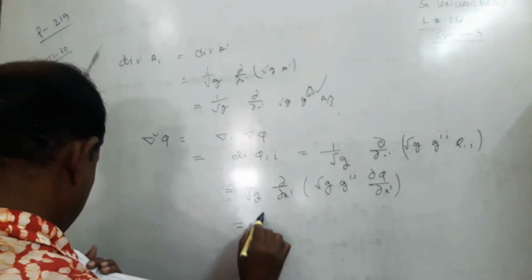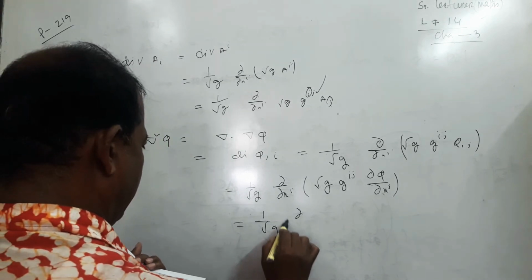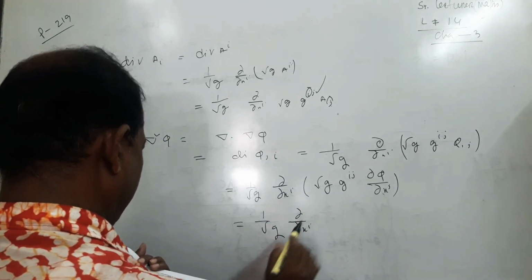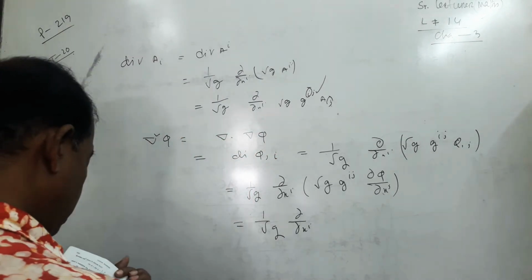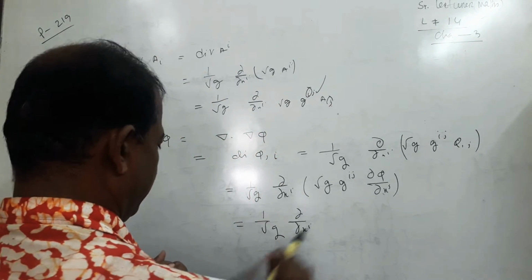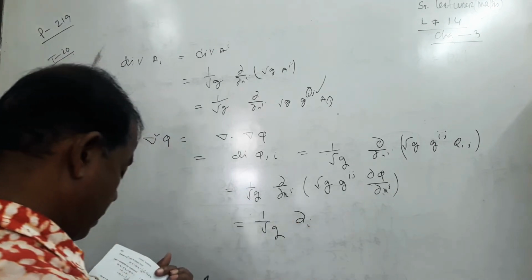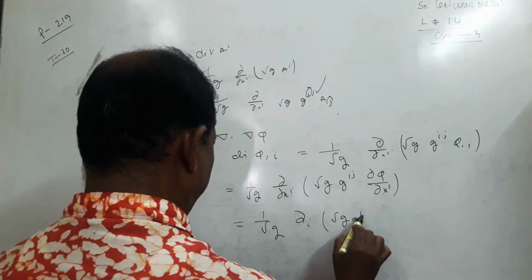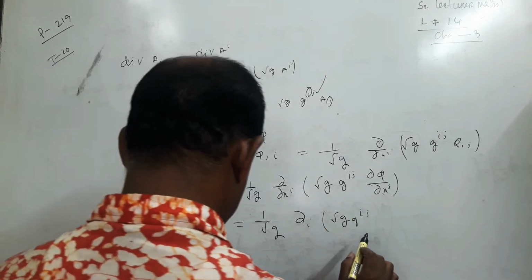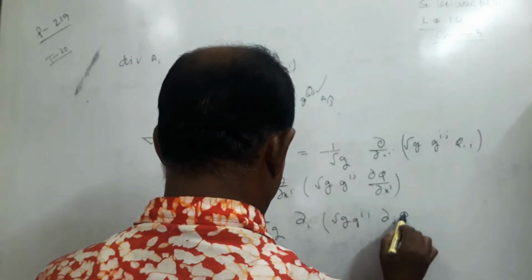Now it is 1 by root g del by del x^i, and also using the Kronecker delta, root g and g^{ij}, Kronecker delta del j and phi.